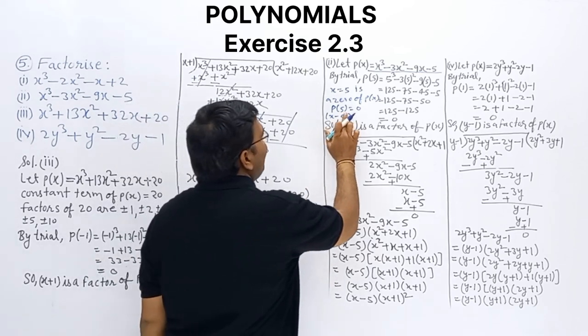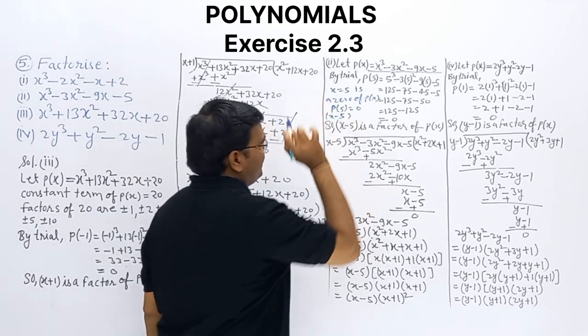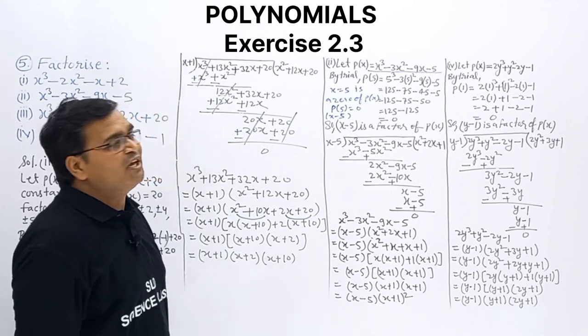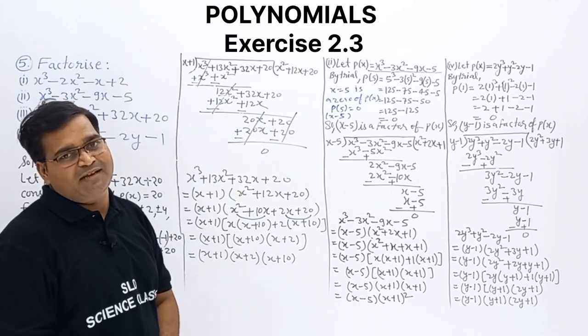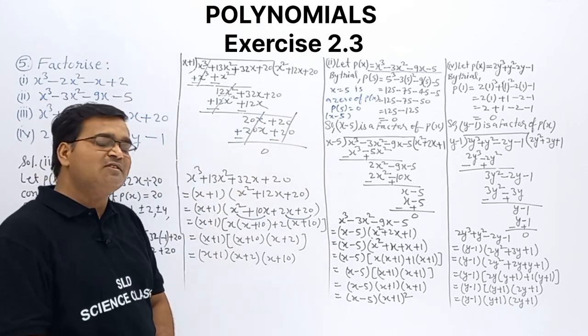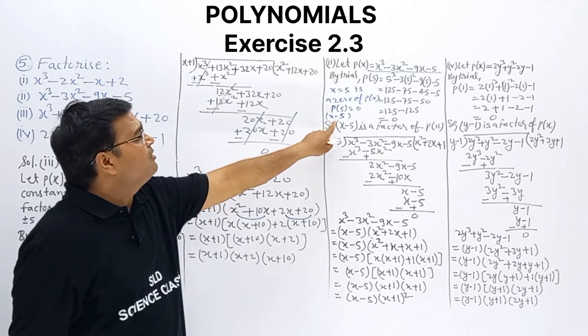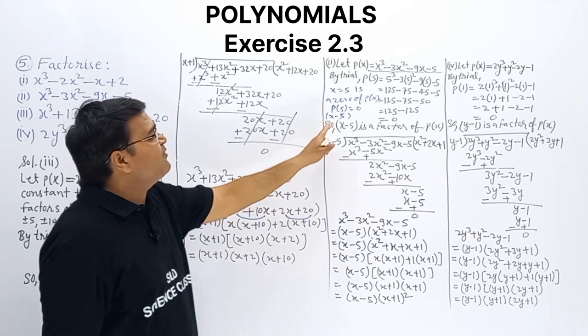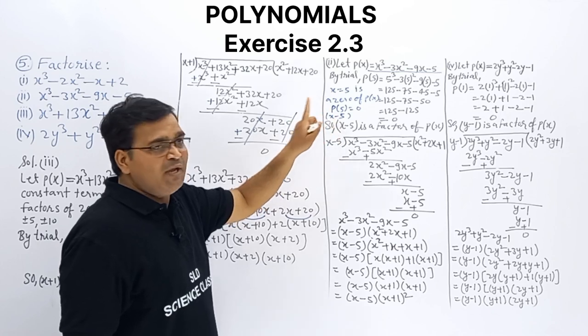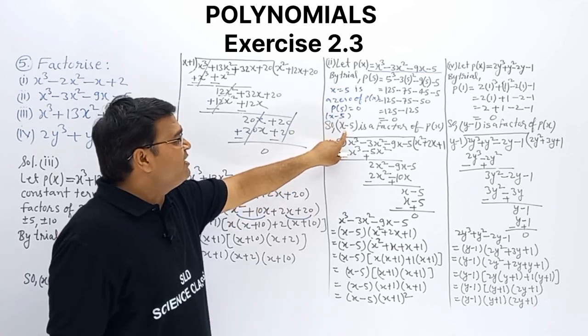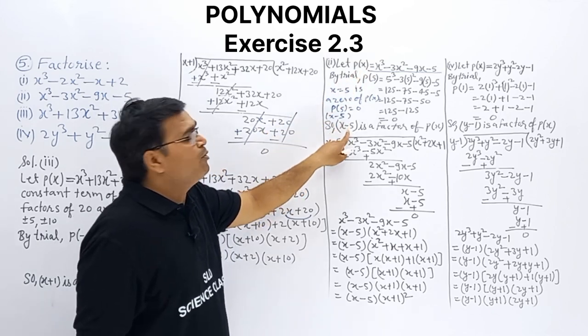It means x minus 5 is a factor of this polynomial. This is the factor theorem. We studied it already. x minus 5 is the factor. We are getting one factor, so we will divide the given polynomial by this factor.